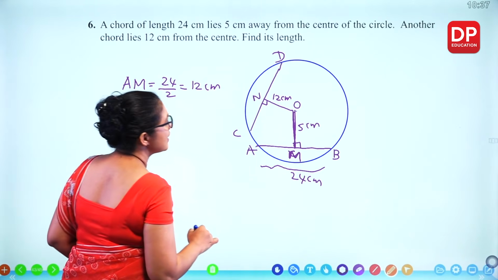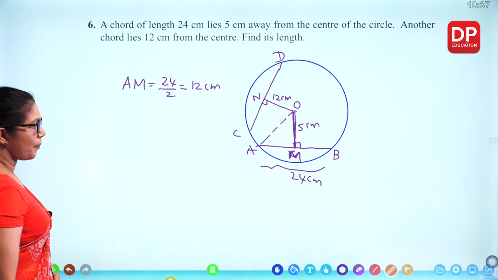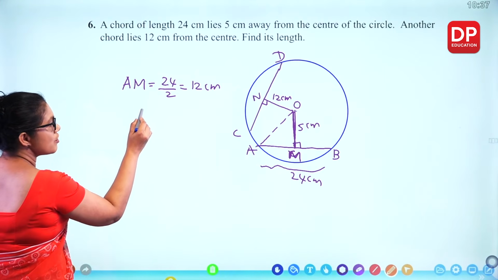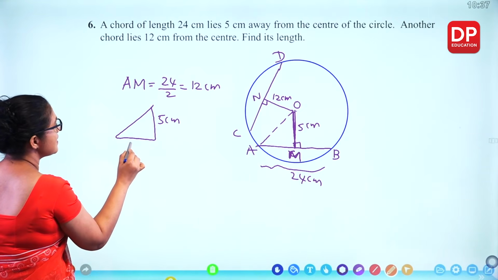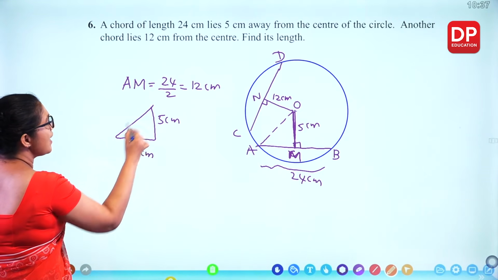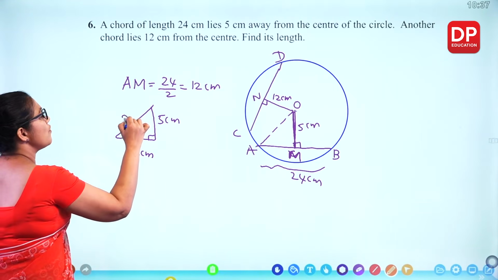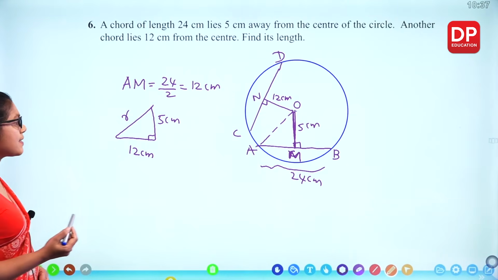If you take this triangle, what can you say about this triangle? It's a right angle triangle, and one side is 5 centimeters, this side is 12. So we can find out the radius of the circle. We'll put R here. How can we find it? We can use Pythagoras theorem.